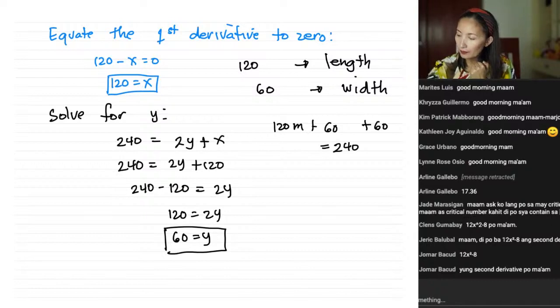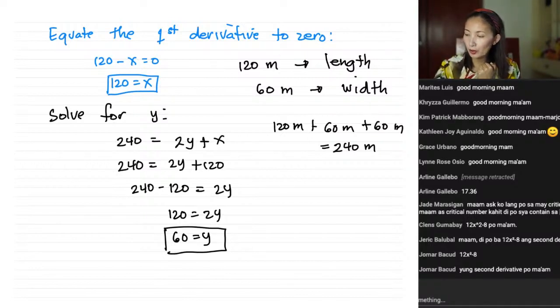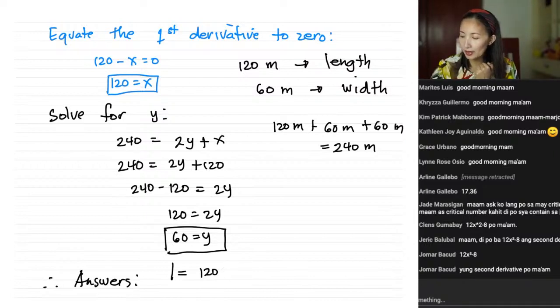So we were able to find the dimensions. So our answers are: the length, because the problem asks for dimension, is 120 meters, and the width is 60 meters.